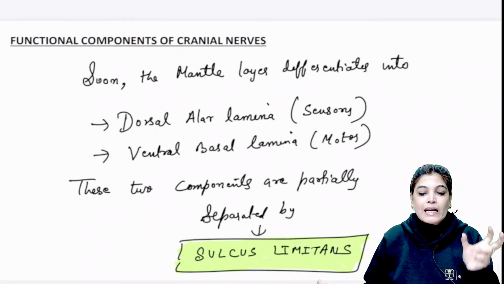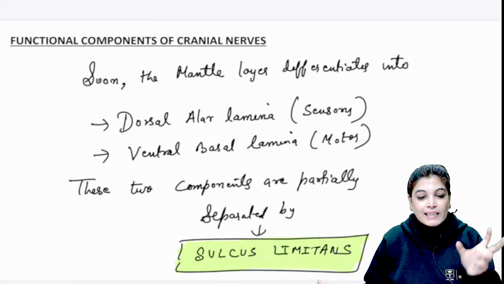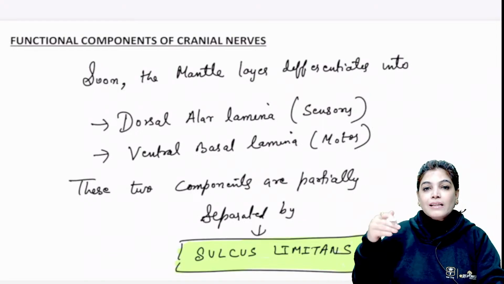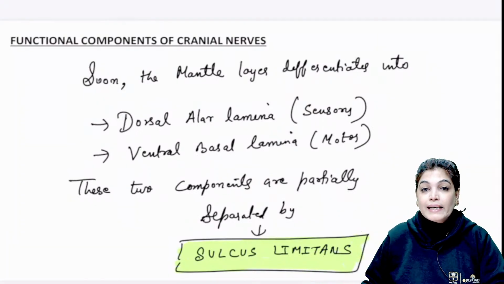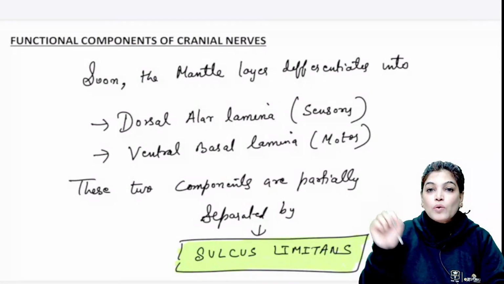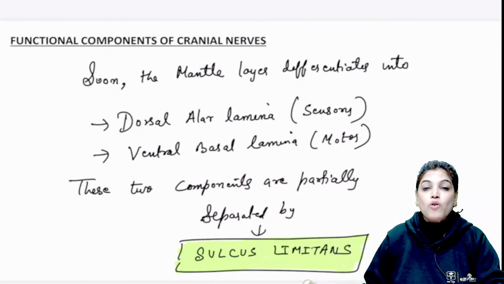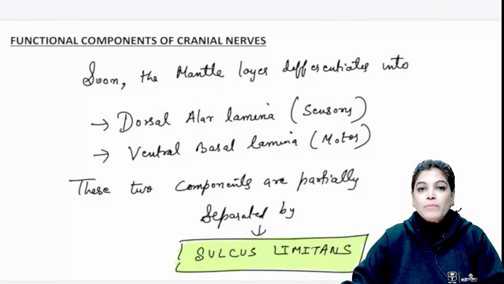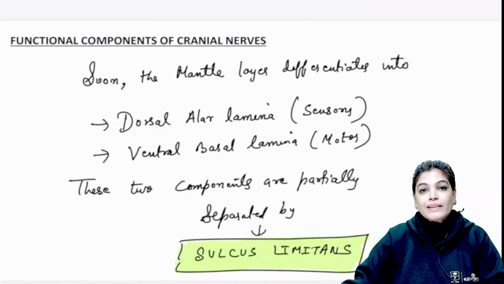The mantle layer represents the gray matter. The marginal layer represents the white matter. And the mantle layer soon differentiates into two components separated by the sulcus limitans, the groove which partially separates it. The anterior part is the basal lamina. The ventral basal lamina is motor and the dorsal one is the alar lamina, which is sensory.